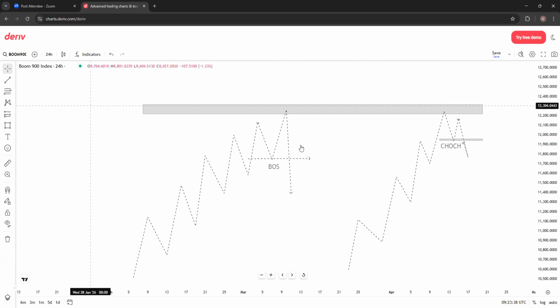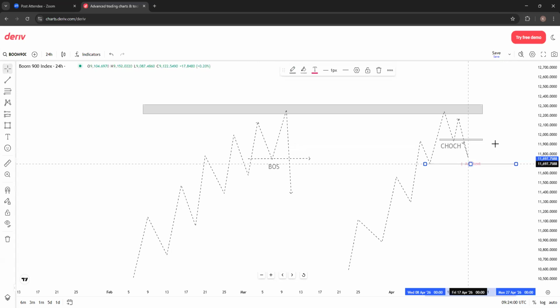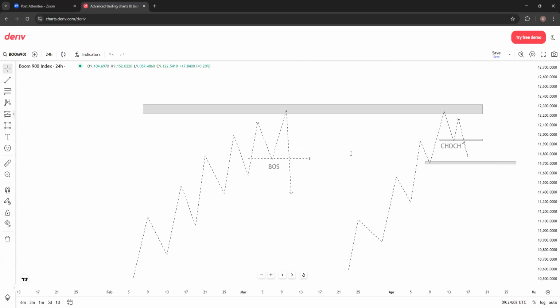Now, when we get a change of character, it tells us that we are about to change the market direction. But what it doesn't tell us is that we are changing right now. So for us to be confident, we need a break of structure.